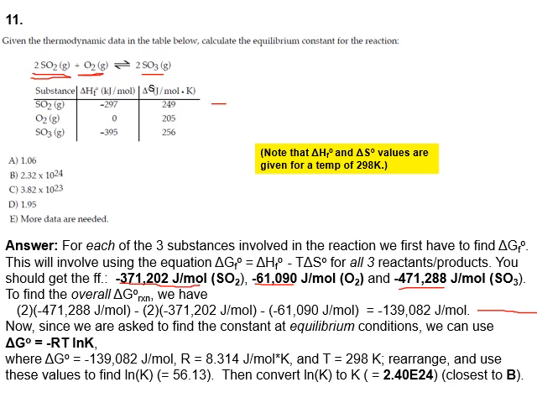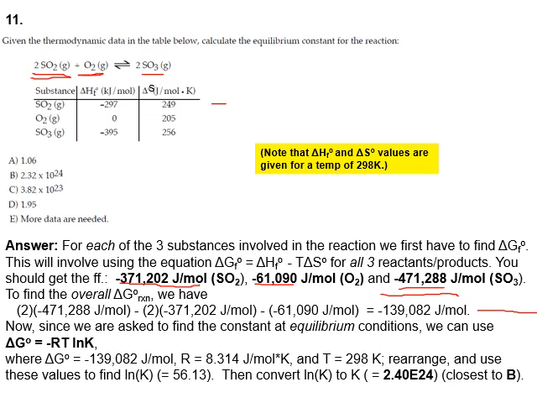Okay, so we're just doing this like we did before, and when we do that, we should get minus 139,000 approximately here, joules per mole. But again, don't stop here because you won't get it right. So you need to now use the next formula, which is delta G standard equals minus RT logarithm K. And now we know what delta G standard is, and it was a heck of a lot of work, right?